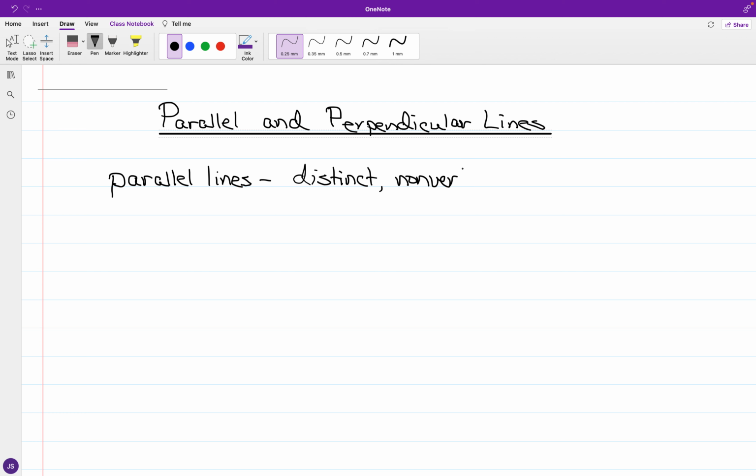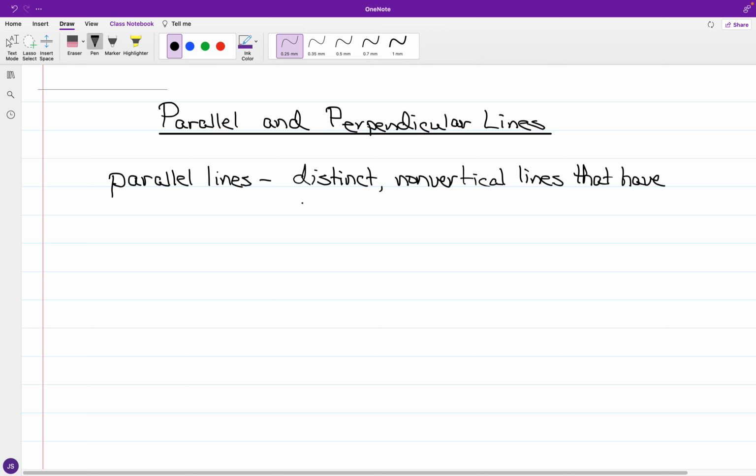You had distinct non-vertical lines that are going to have the exact same slope, and will never meet, as in intersecting or coming to a contact point.